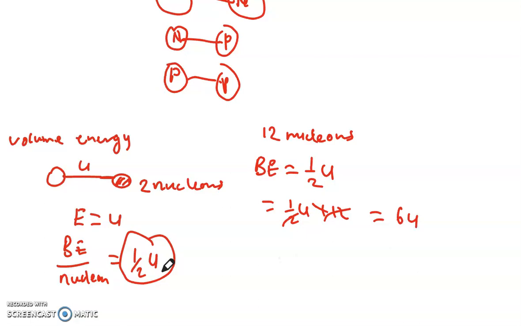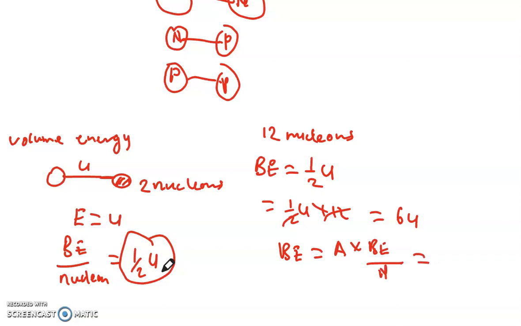So what will be the binding energy in this case? The binding energy is nothing but A multiplied by the binding energy per nucleon.